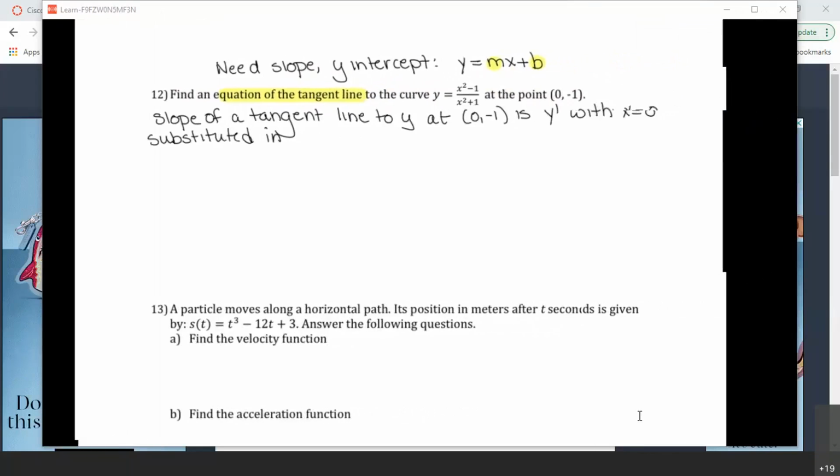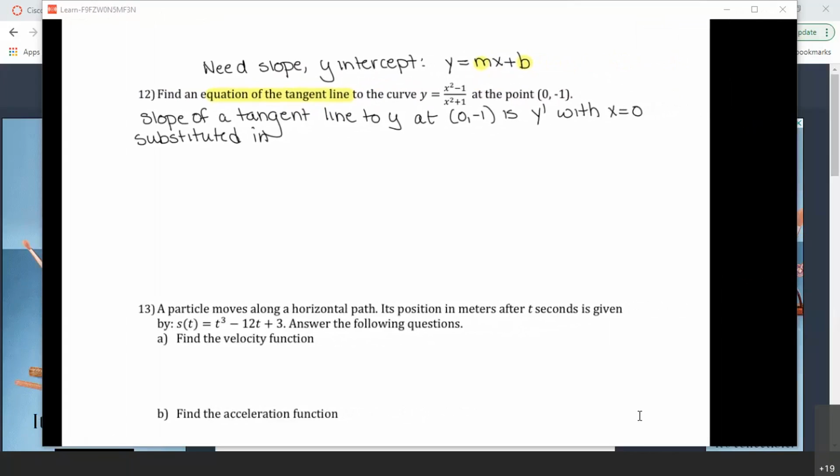That's how I have to do it. Find the derivative, y prime, and then put in this x value. Remember, this is a point, so this is x, that's y. There's not going to be any y's in my derivative, so I'm just going to need to plug in my x.